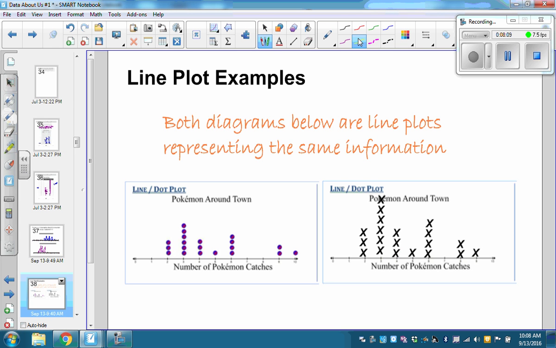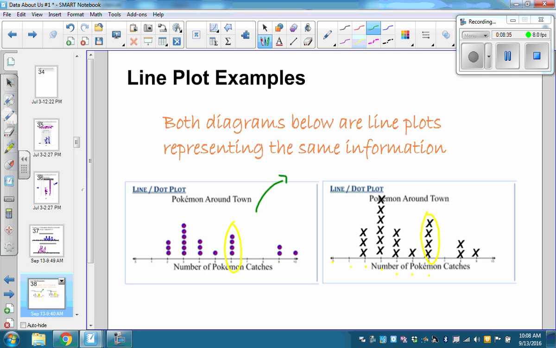For example, right here, it's a little hard to see the numbers, 0, 1, 2, 3, 4, 5, 6. There were 4 people that made 6 Pokemon couches around town, and that shows the same information in both line plots.